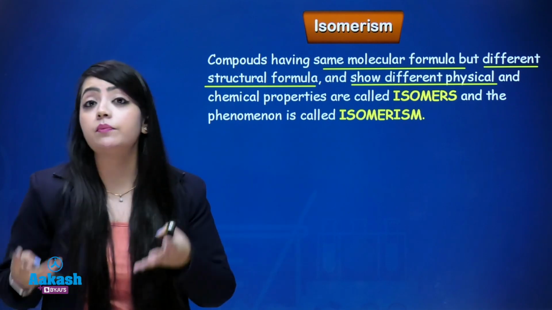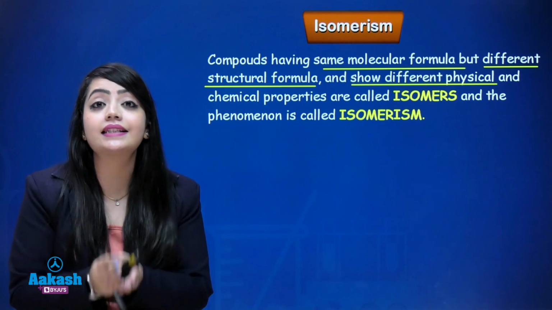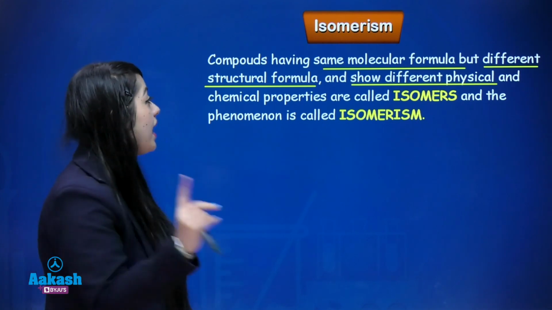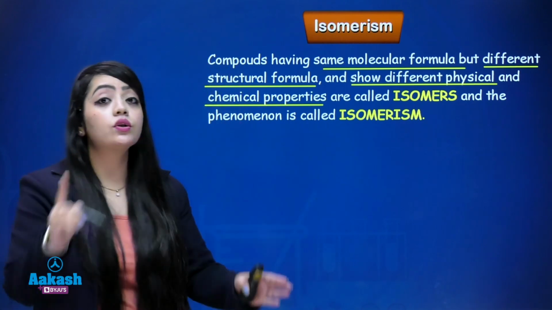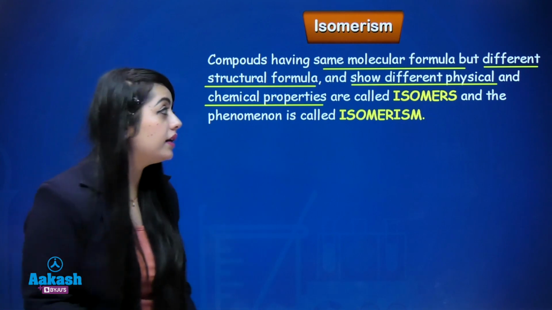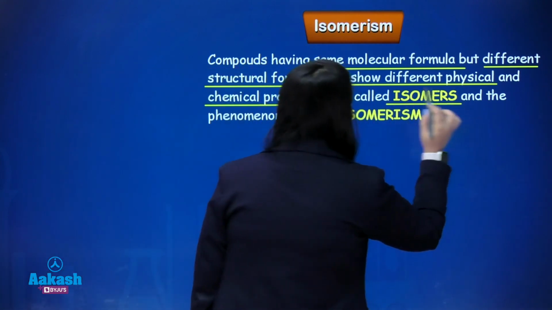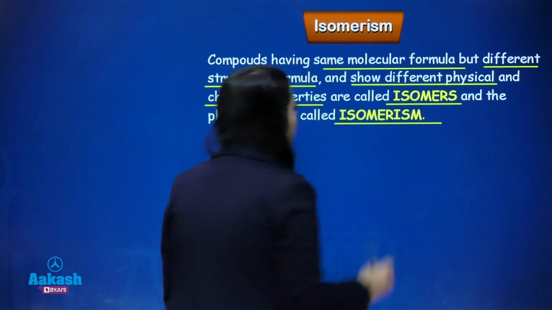Their melting point, boiling point, सभी properties अलग होंगी, although they are having the same chemical formula, right? And the chemical properties as well, right? तो इन दो structures को जो हमने last page पर देखा था, they are called isomers, right? And if I talk about this phenomenon, this will be called isomerism, right?